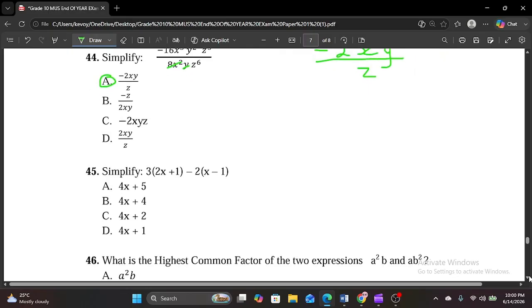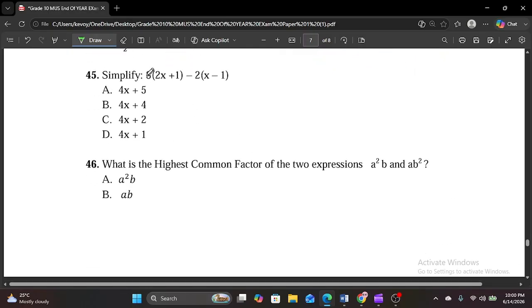So simplifying, going down. When you see the brackets right there, we're just going to distribute. So 3 times 2x, 3 times 1, negative 2 times x, and negative 2 times negative 1.